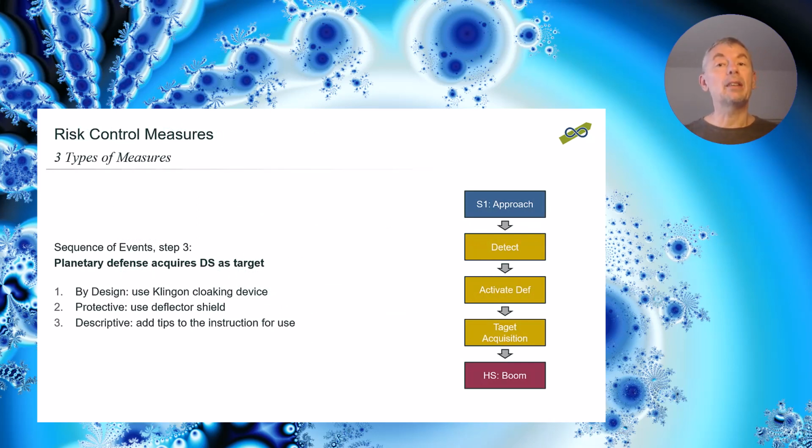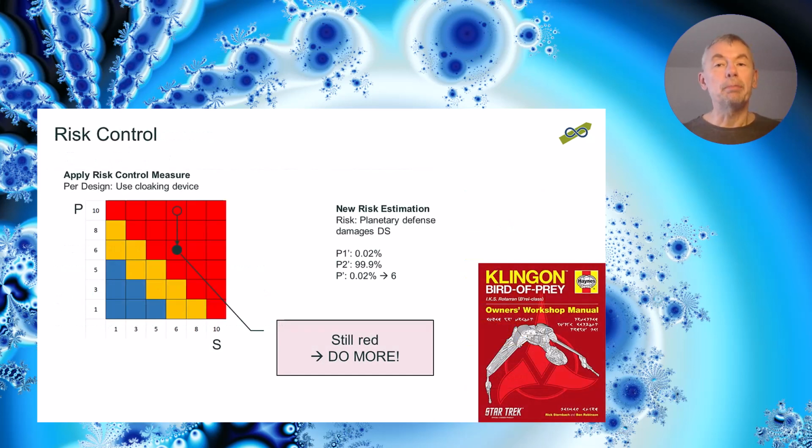Taking our first measure by design, buying this cloaking device from the Klingons, we see this has quite a good effect on the probability of the risk actually materializing. Now we know such a cloaking device for a Klingon warbird is okay, but for a 150-kilometer Deathstar, that's probably not sufficient.